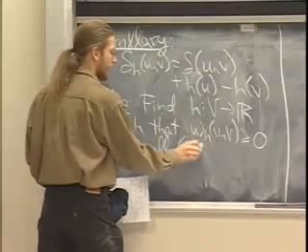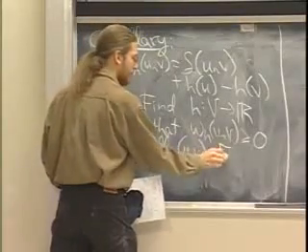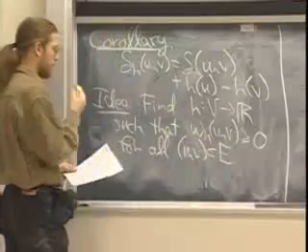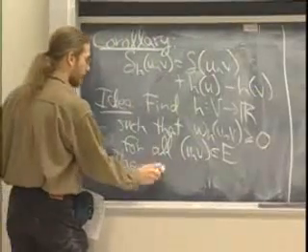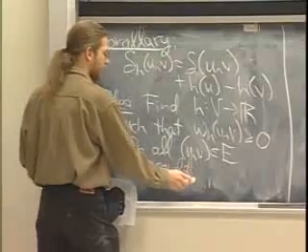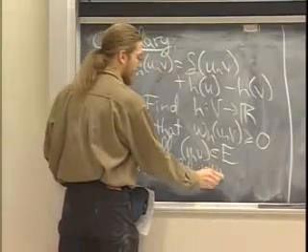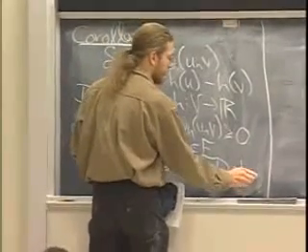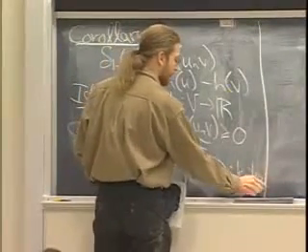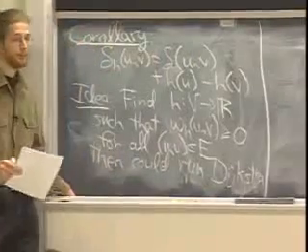OK, then we could run Dijkstra, get the delta h's, and then just undo the reweighting and get what we want. And that is Johnson's algorithm. The claim is that this is always possible.